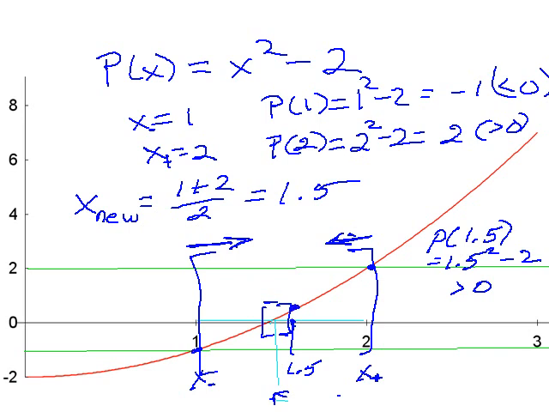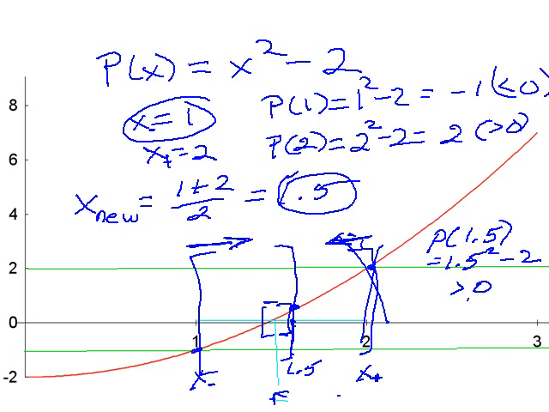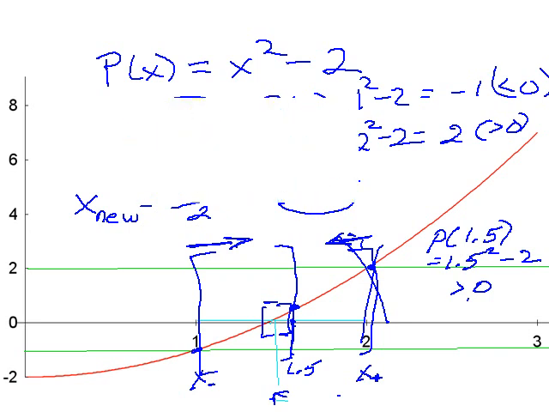So that means I can forget all about this, and now my trap or bracket consists of that region. And that was one iteration. And now I repeat the process, but I'm going to use 1 and 1.5 for the next iteration. So I have to erase some of this.